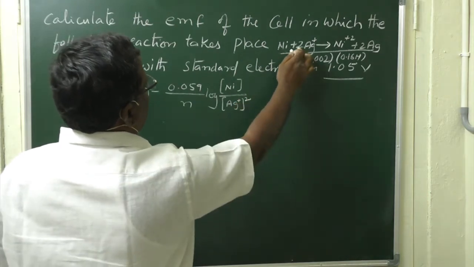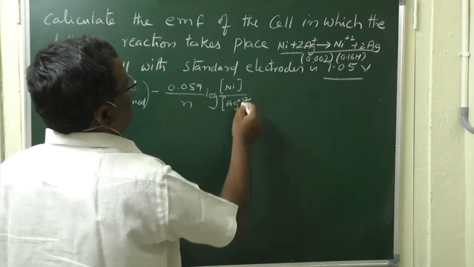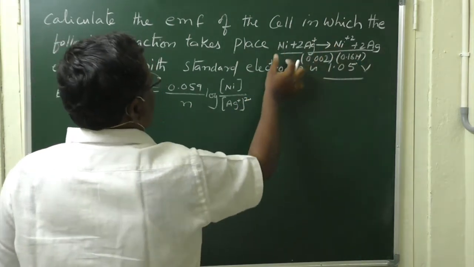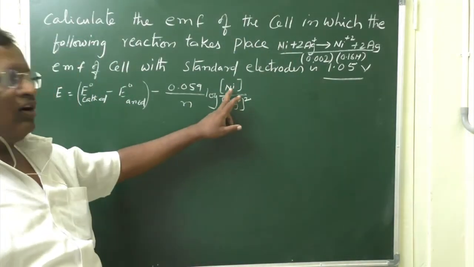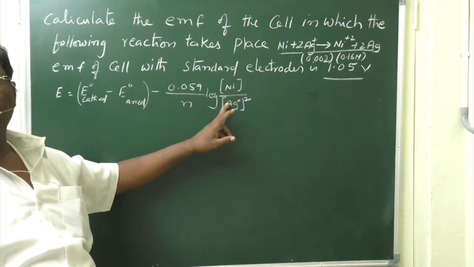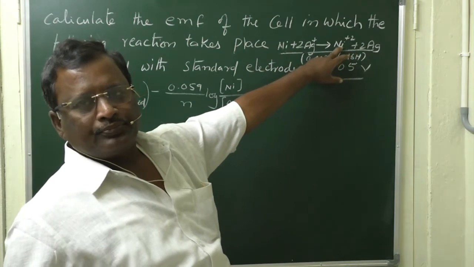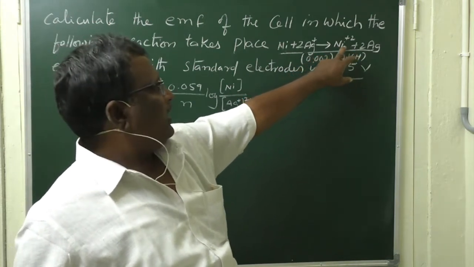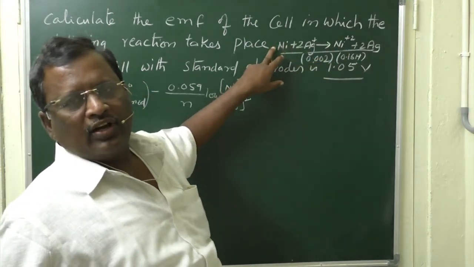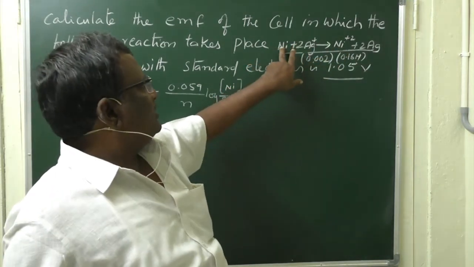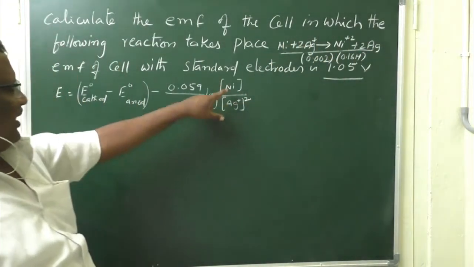In the balanced equation 2 Ag are there, so concentration of Ag+ whole square we have to write. Or you can remember it as product concentration by reactant concentration, or concentration of ions at anode by concentration of ions at cathode, or concentration of ions at product side by concentration of ions at reactant side, because the atom's concentration is unity. Now we can take this like this.